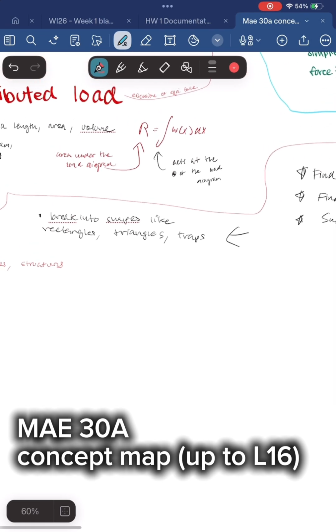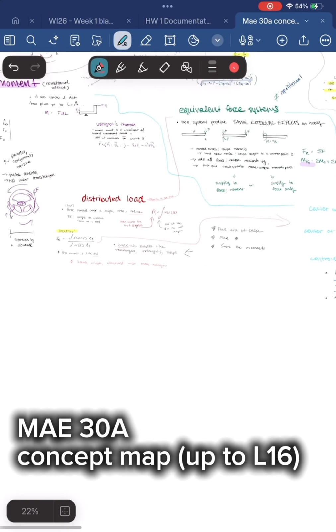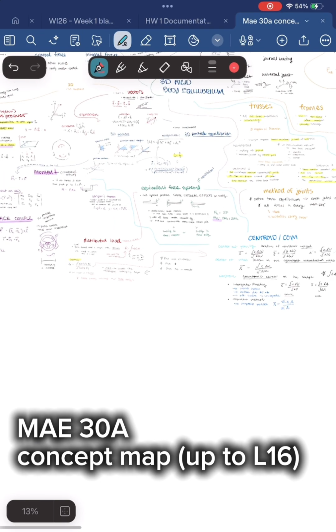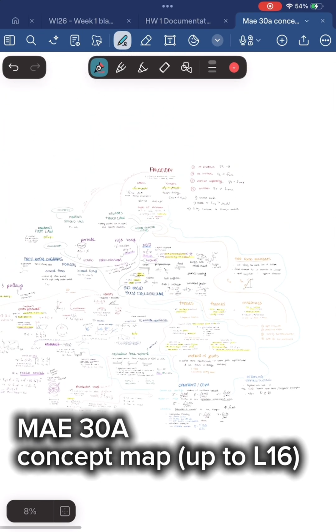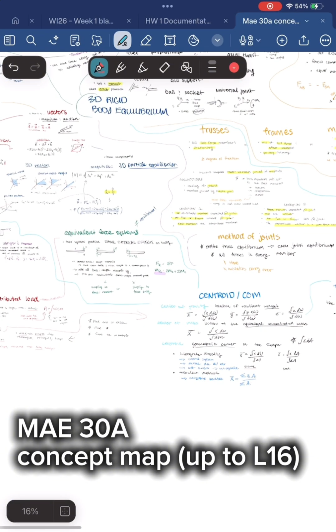Which relates to truss analysis, because bridges and stuff. Where did I put the trusses? They're up there. It's kind of far, but I'm gonna draw a line anyway.